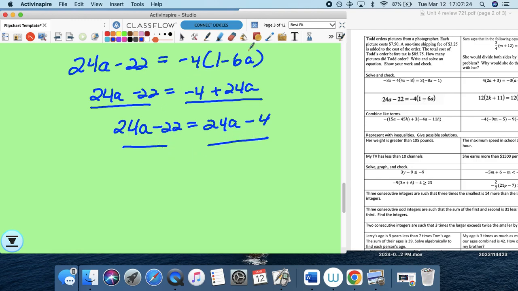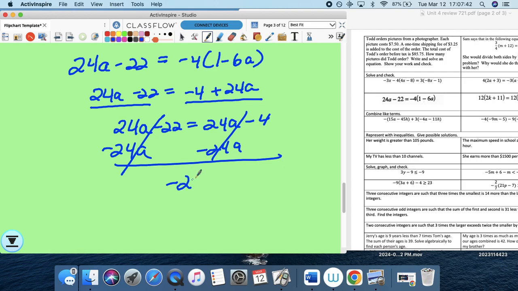So to continue, if you notice that already at this stage, you can say there's going to be no solutions. The next step, we will subtract 24a on this side, subtract 24a on this side, right? That goes away, and we're left with negative 22 equals negative 4. And that tells us that there is no solution to this problem, okay?